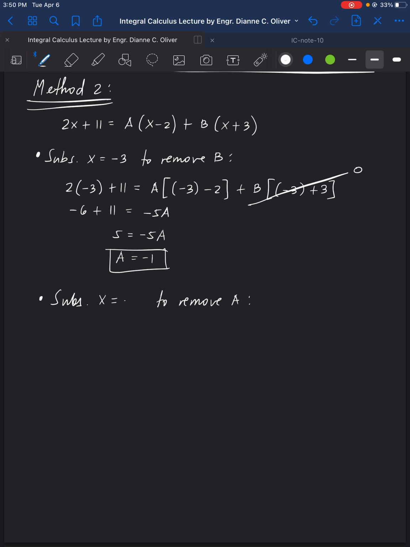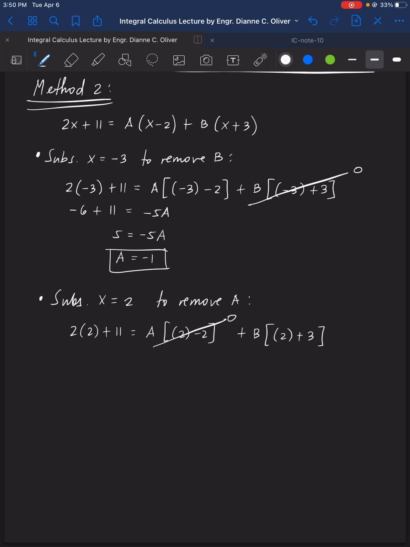Substitute x with positive 2 so that we can remove a. So we have here 2 times 2 plus 11 is equal to a times (2 minus 2), so that will become 0. That's the right one. Plus b times (2 plus 3), sorry, it should be 2 plus 3.